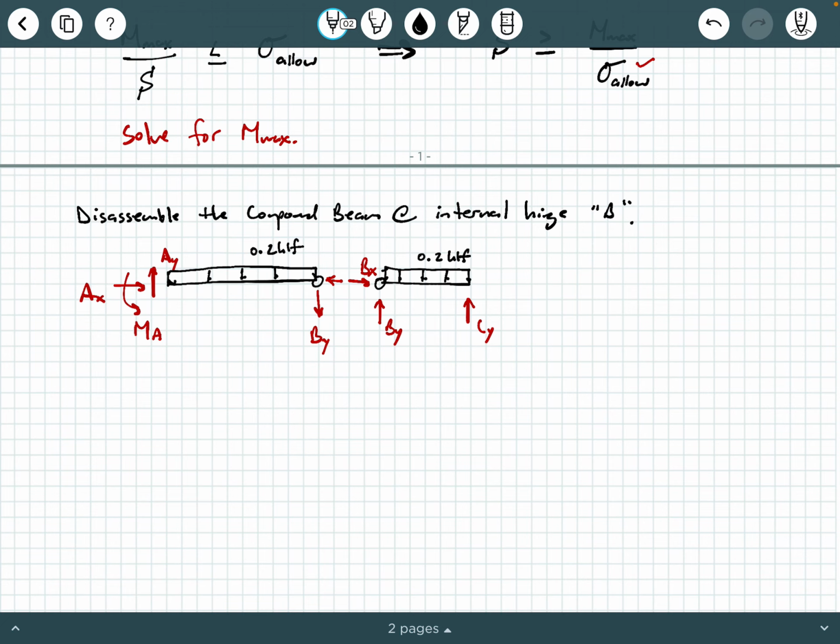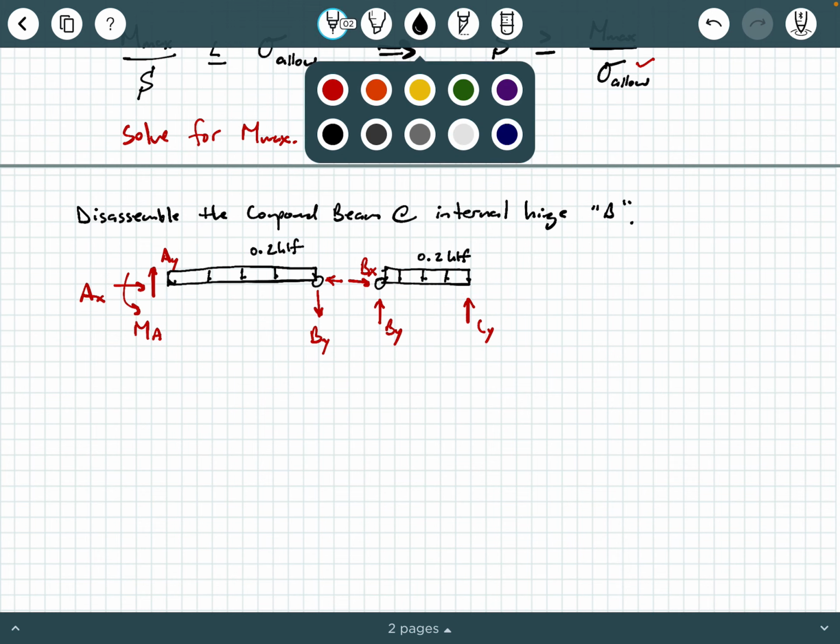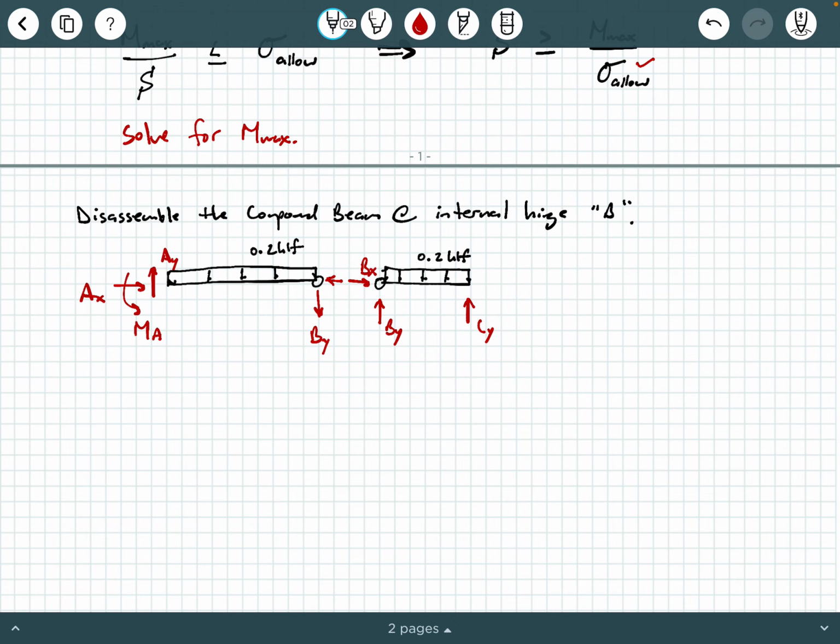So how do we analyze this? Well, you may be looking at this, you may be saying to yourself, wow, there's a whole lot of unknowns, right? If I go left to right, I've got 3 unknowns at A, I've got 2 unknowns at B, BY and BX, and I have an unknown at C. So where do I begin? Well, we're going to start the analysis with segment BC, okay?